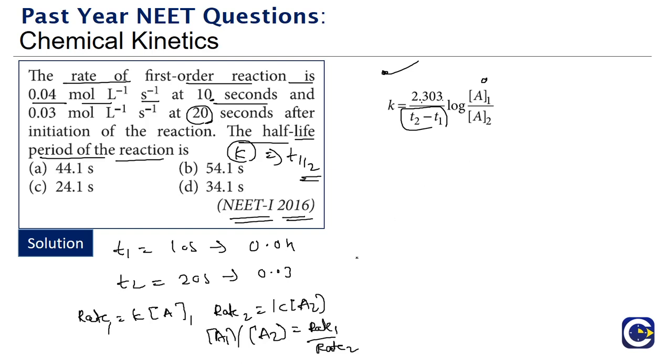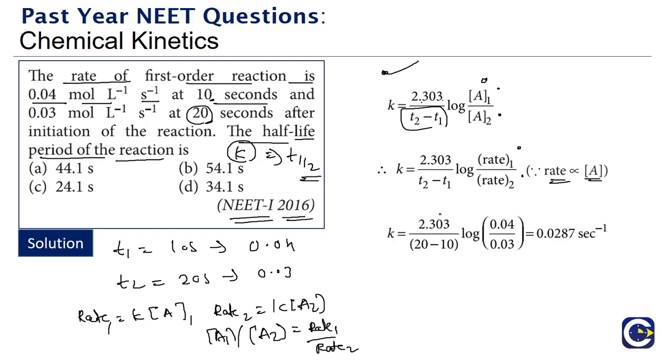So here, as we already discussed, we can write the A1 by A2 ratio as the rate at the first interval to the rate at the second interval, because rate is proportional to the concentration. That would mean the K value will be equal to 2.303 divided by 20 minus 10, which will be of course 10, log of 0.04 by 0.03.